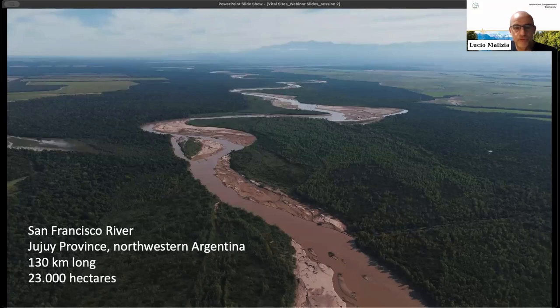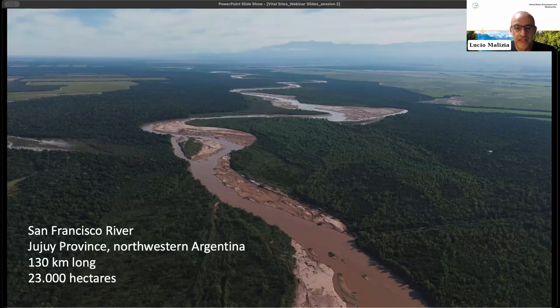So it goes through a plain that is very rich in agriculture. Jujuy is surrounded by mountains. We are in the Andes. The river flows at 700 meters above the sea level, but the whole watershed is located in the mountains.